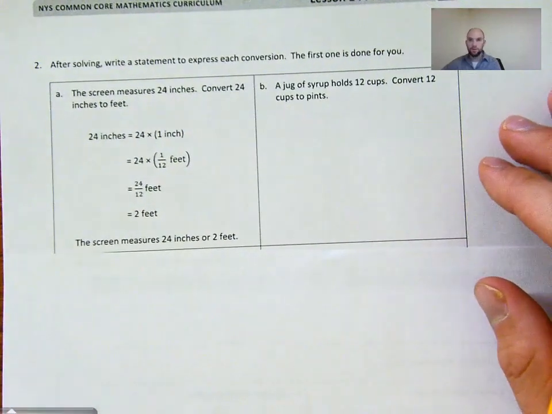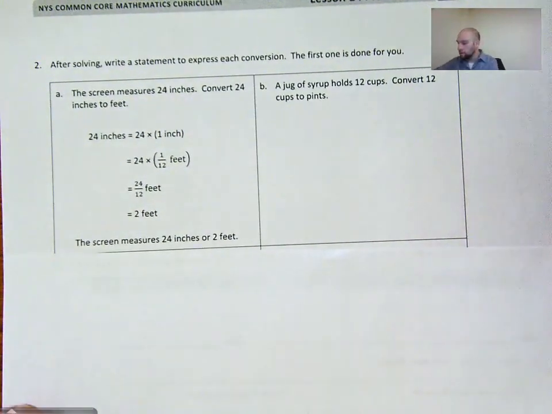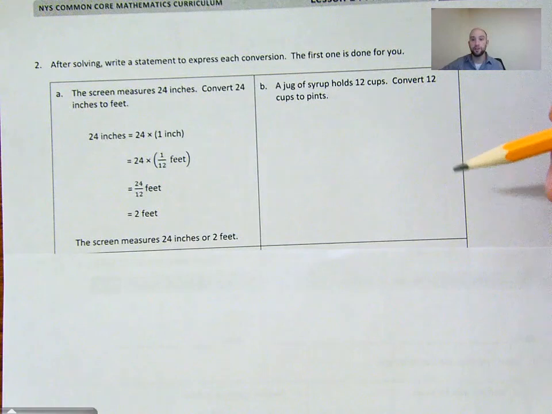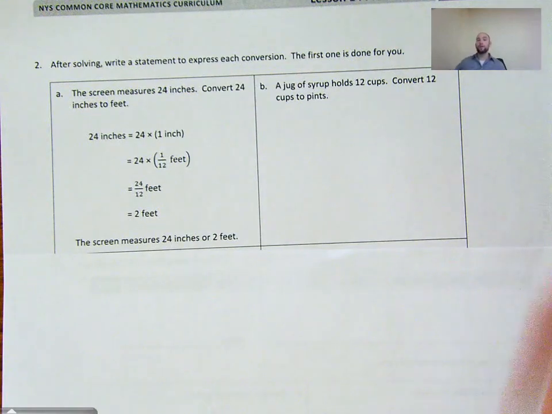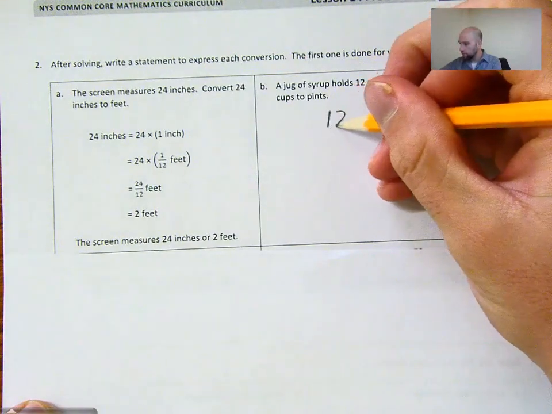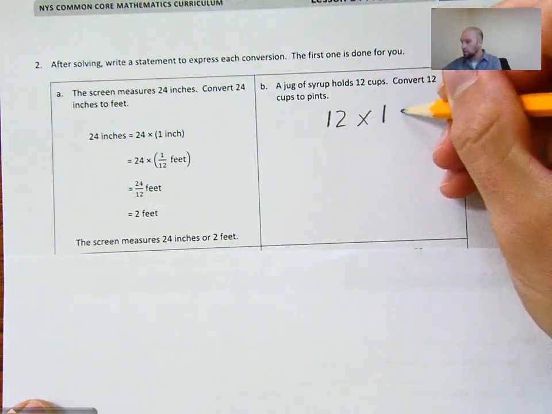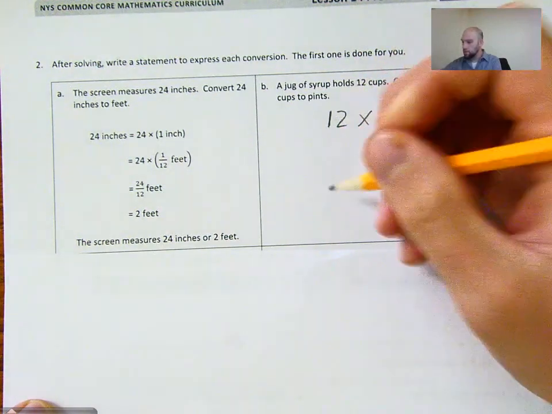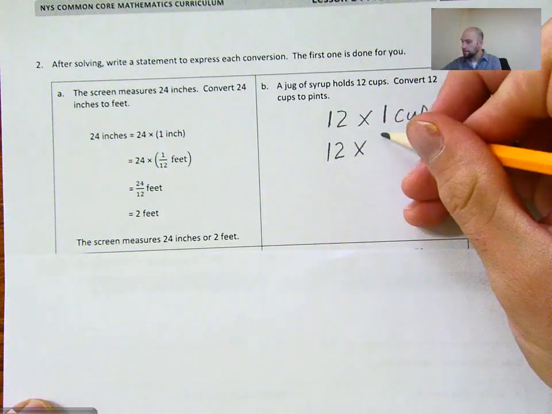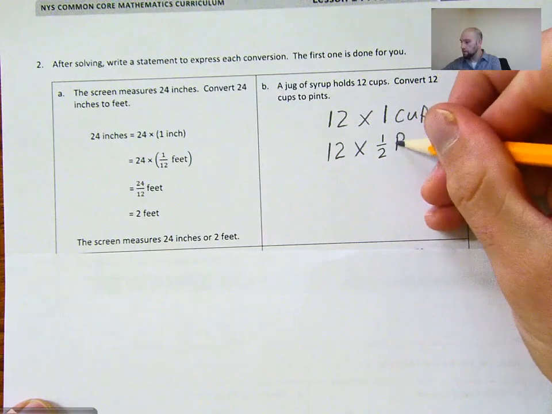That letter A was already done for us, so we'll look at letter B. A jug of syrup holds 12 cups. Convert 12 cups into pints. So we have 2 cups in 1 pint. A cup is 8 ounces. A pint is 16 ounces. So we know we have 2 cups in a pint. 12 times 1 cup is the same as 12 times 1/2 of a pint.